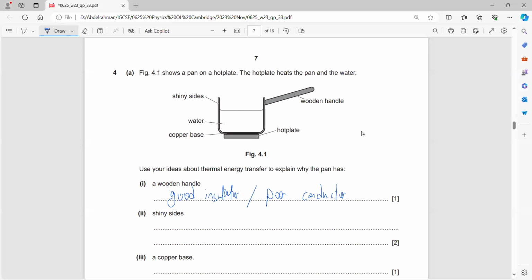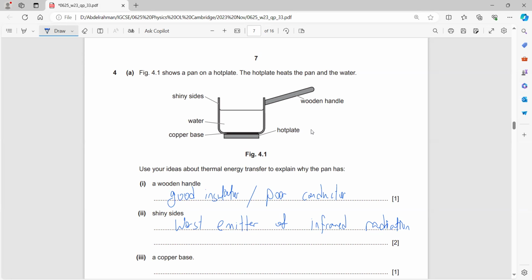Why does it have shiny sides? Because it's the worst emitter of infrared radiation, so it won't lose heat. Perfect. Here we have to say it's a worst emitter of infrared radiation.